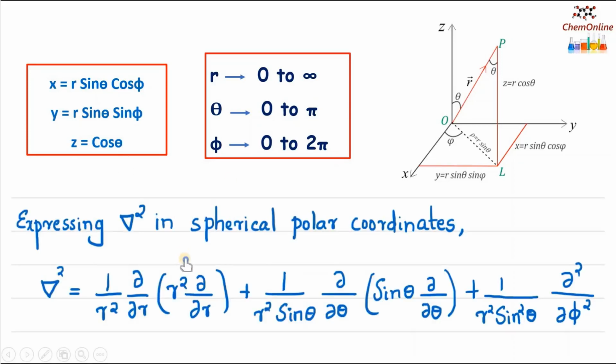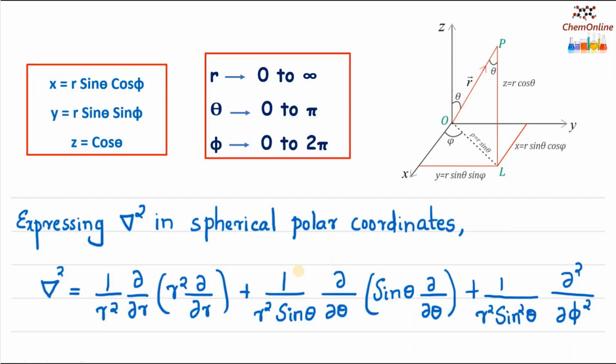Instead of dou square by dou x square plus dou square by dou y square plus dou square by dou z square, when we express del square in spherical polar coordinates, we get del square equals 1 by r square dou by dou r of r square dou by dou r plus 1 by r square sin theta dou by dou theta of sin theta dou by dou theta plus 1 by r square sin square theta dou square by dou phi square. Getting del square in this form from the coordinates x, y and z is a very lengthy derivation, so we have avoided those steps.